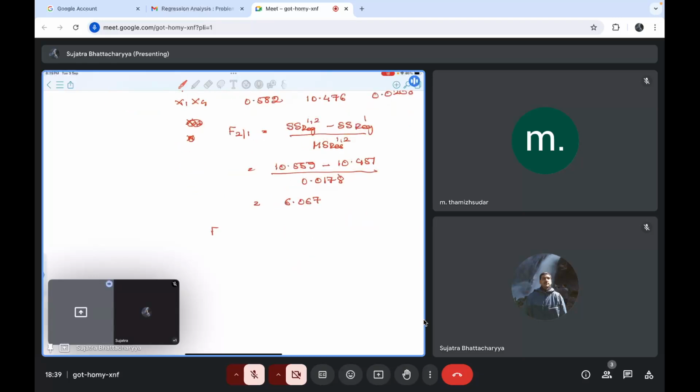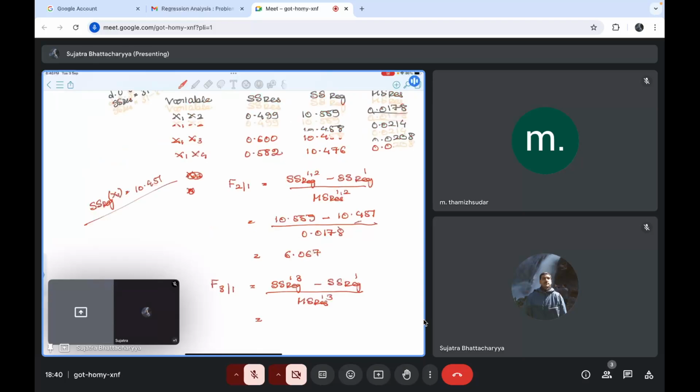Let's go for F of 3 in the presence of 1, because in each and every case, SS regression of 1 is required. I think SS regression of x1 I have actually calculated, it is 10.45. So this becomes SS regression of 1, 3 minus SS regression of 1, divided by MS residual of 1, 3.